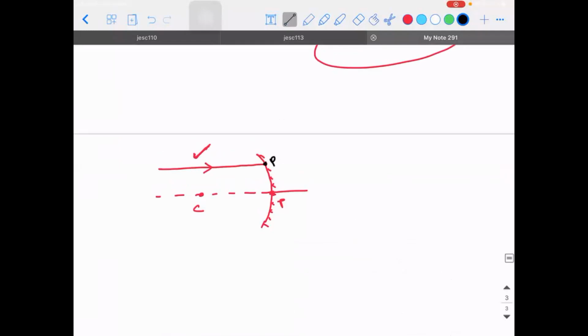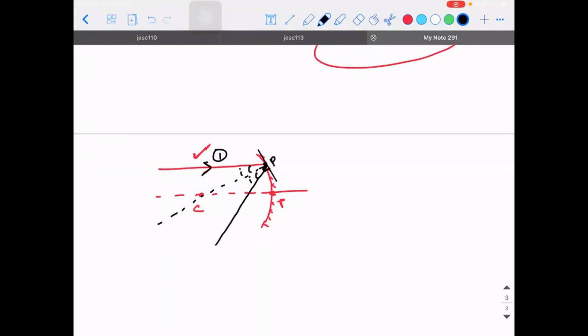Now see, the normal means a line which is perpendicular to a tangent. So at the point of incidence, I'm drawing a tangent, right? To this tangent, if you draw a line from the center of curvature, you can observe it is exactly perpendicular. So this is my first incident ray. It is hitting the pole and getting reflected in such a way that this angle and this angle are the same.